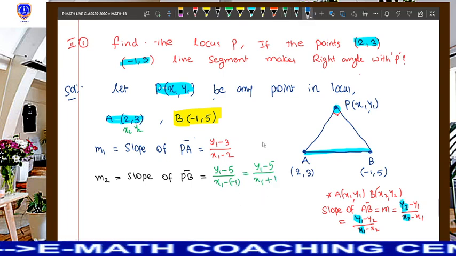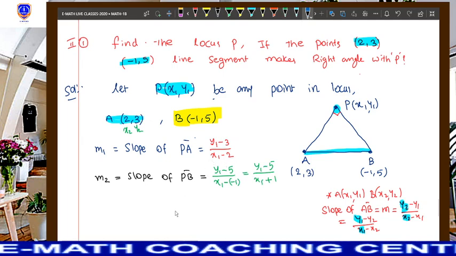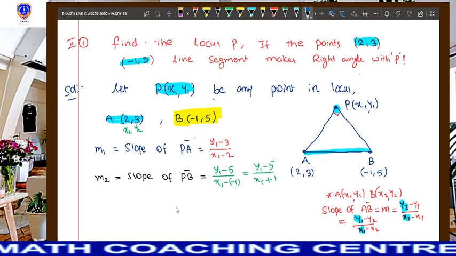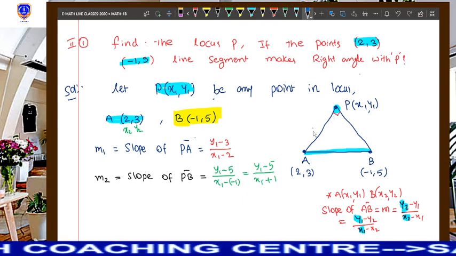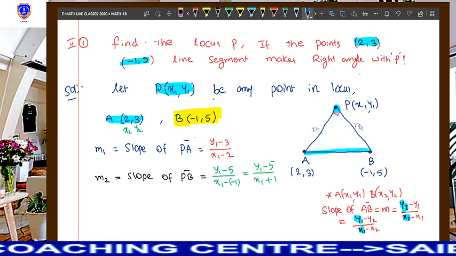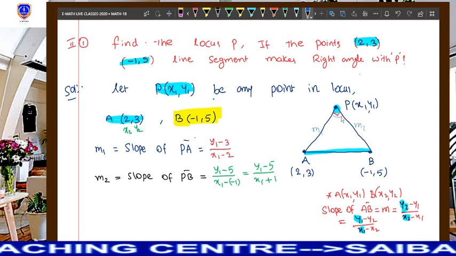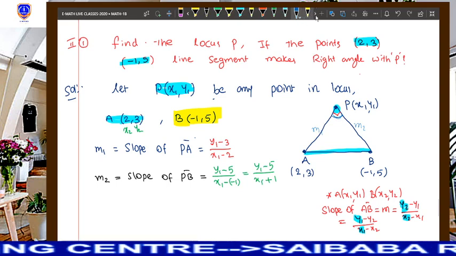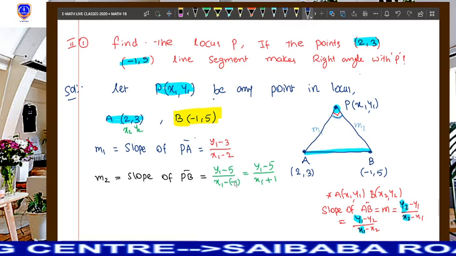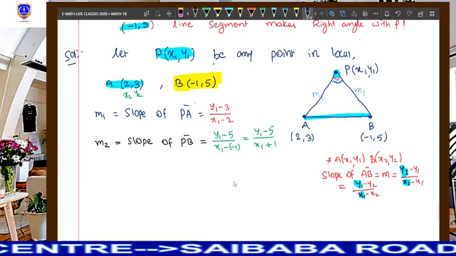Now, since this line segment AB makes a right angle at P, PA slope is M1 and PB slope is M2. They are perpendicular at P. That means M1 into M2 is equal to minus 1.